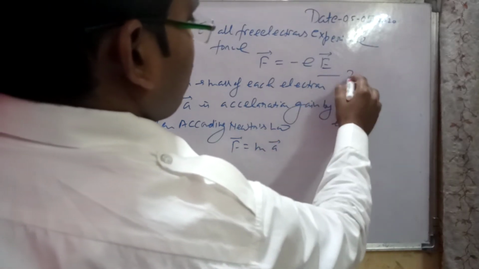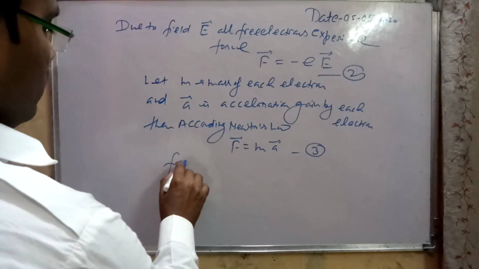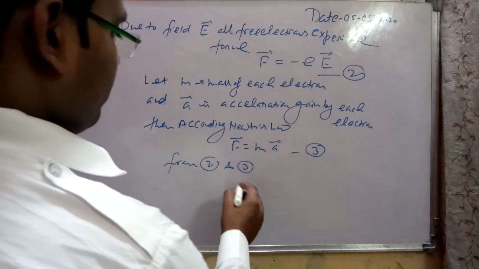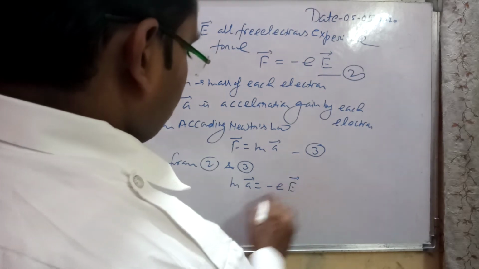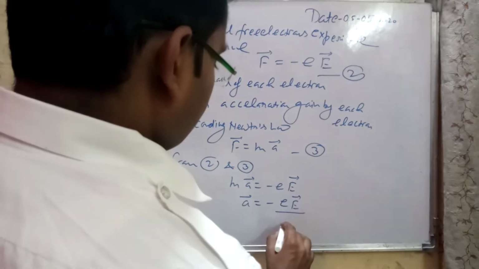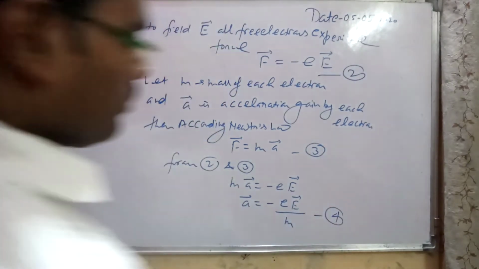This one is equation number 2, this one is equation number 3. Now from 2 and 3, ma is equal to minus eE. That means the acceleration acquired by each electron is minus eE by m. This one is equation number 4.